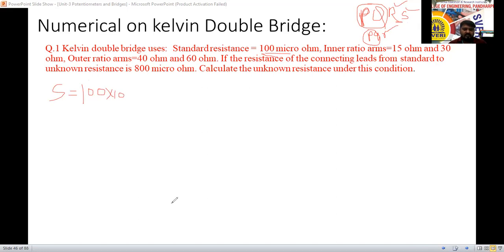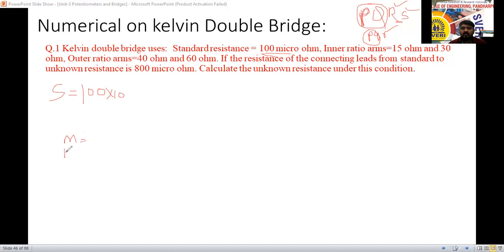You people are direct second year students, are you? Namrata. Micro means, sir, 10 to the power of. Micro means what? Milli means what?